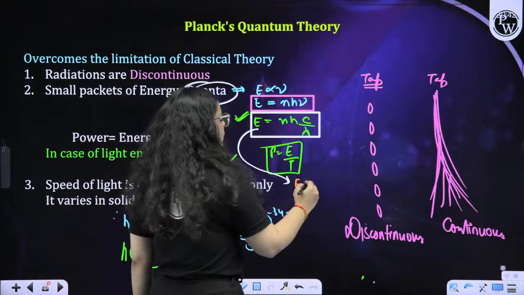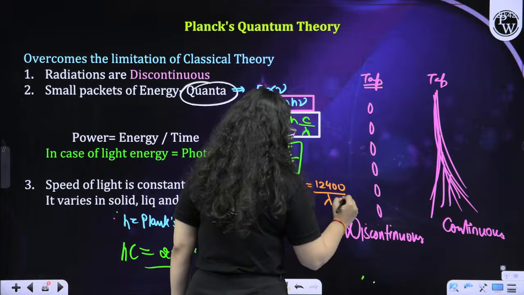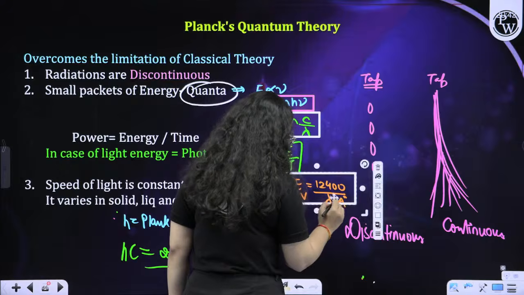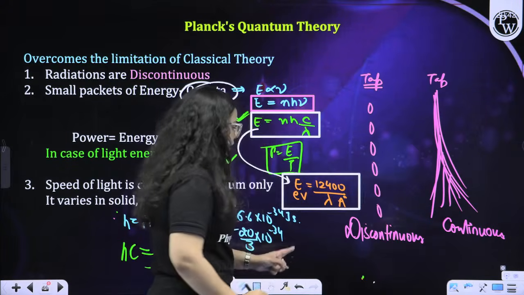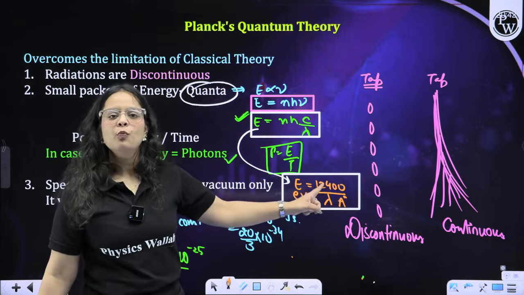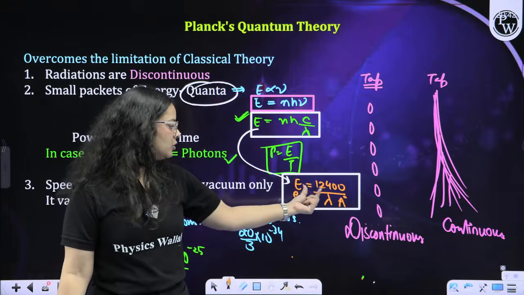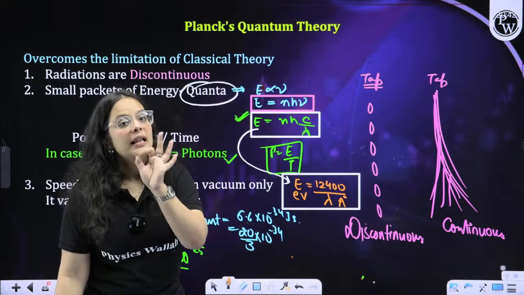Directly you can use the formula 12400 upon lambda in angstrom. When you apply this formula, you will get the energy in electron volt. Simply put the lambda value in angstrom given to you, and you will get the energy in electron volt.